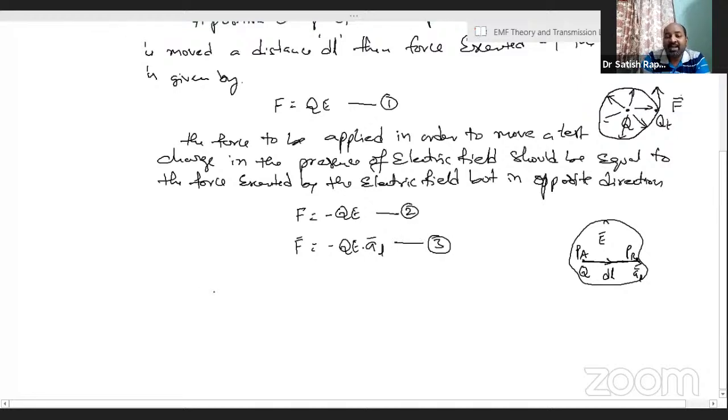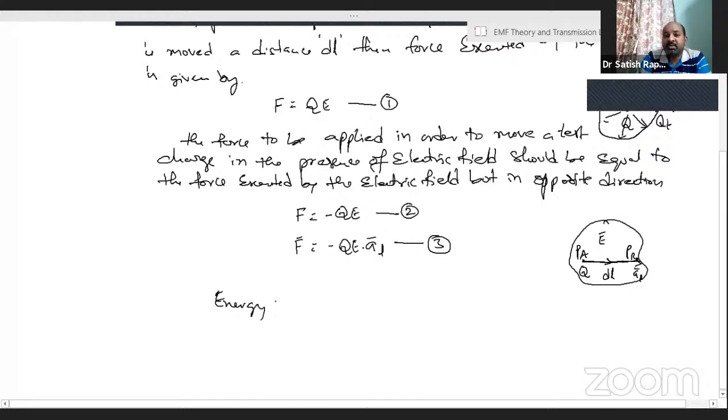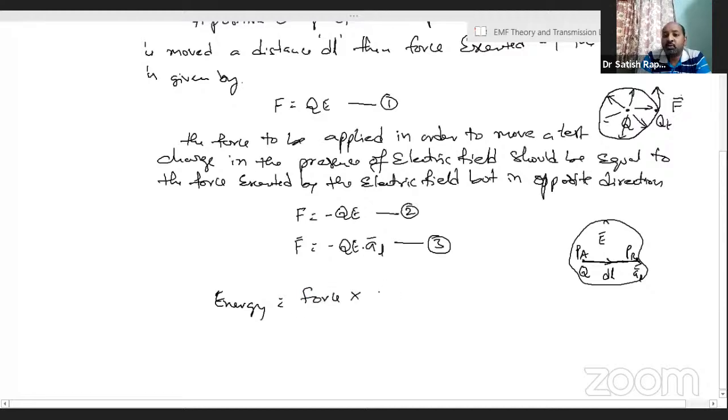Now, what is our aim? Energy expended in moving a point charge. In other words, how much energy we need to spend in moving a point charge. Energy and work done are the same, so energy is equal to force into distance.